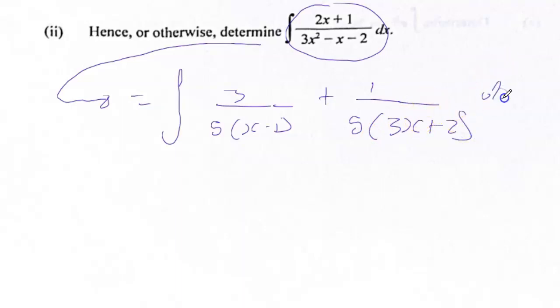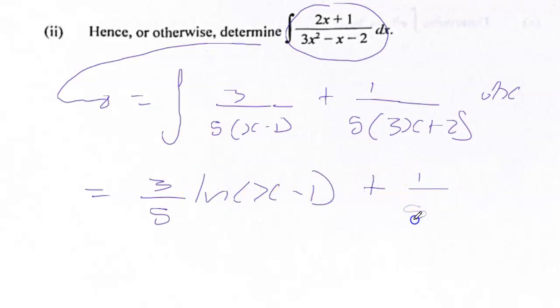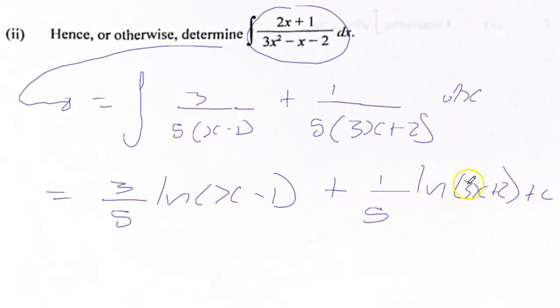We have just shown that in part 1. So we can integrate using natural log. So this is 3/5 log of x minus 1, and this is 1/5 log of 3x plus 2, plus our constant C. Now, always check if you integrated correctly, by differentiating. Differentiate log of x minus 1, that's 1 over x minus 1.